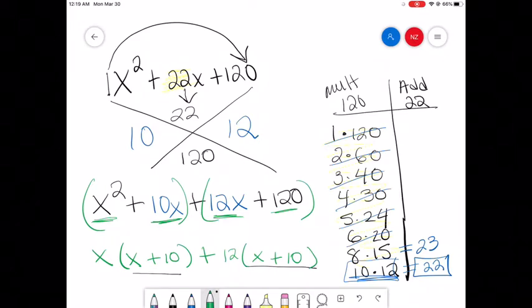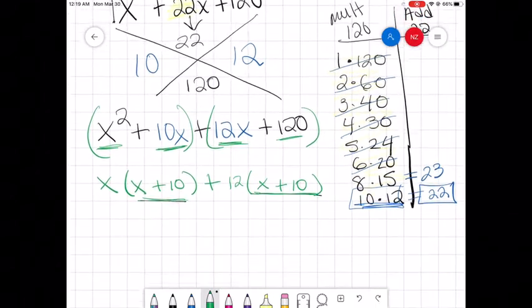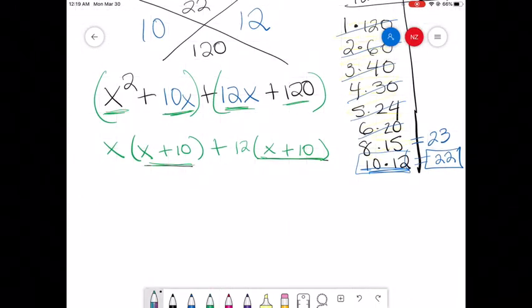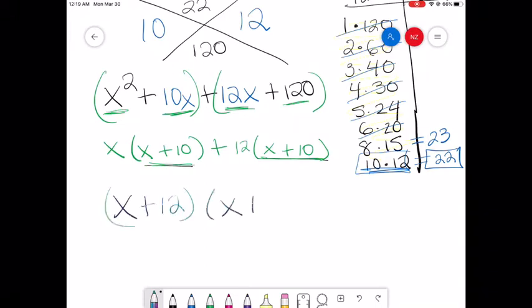That's another way to figure it out. So since these two parentheses sets match, that's good. I'm going to bring together my pairs that I've factored out, my GCFs. So I have x plus 12 and x plus 10.